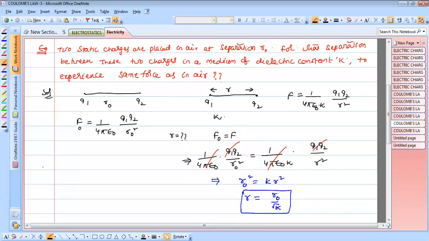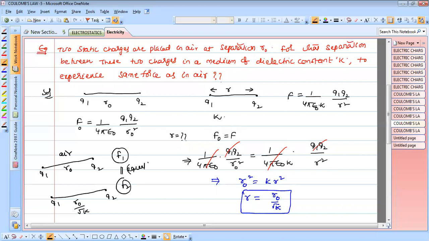Suppose I show that pictorially: this is Q1 and Q2. In air, the distance is R naught. If this is Q1 and Q2 in a medium, the distance is R naught by root K. Now here the force F1, here the force F2, both the forces are equal.